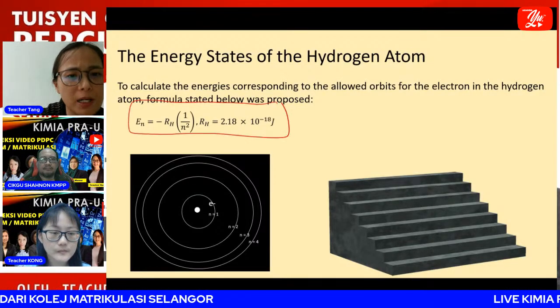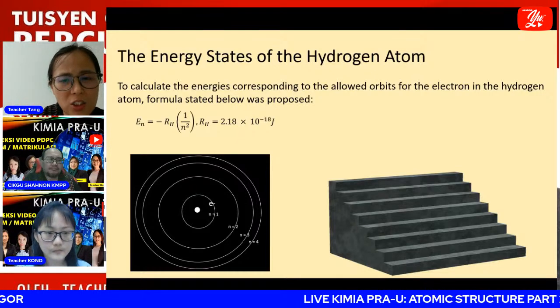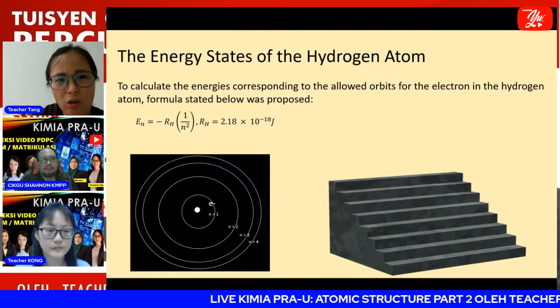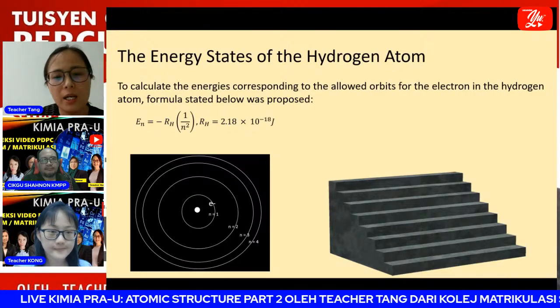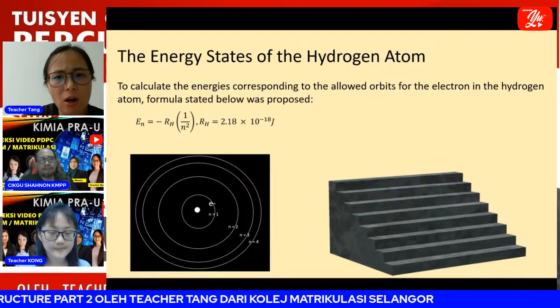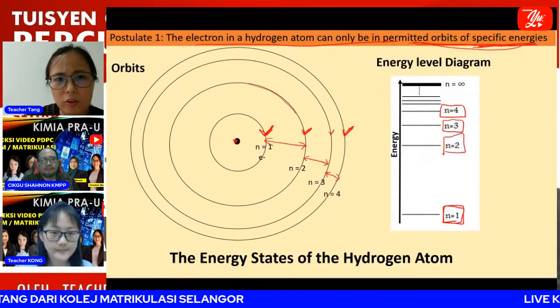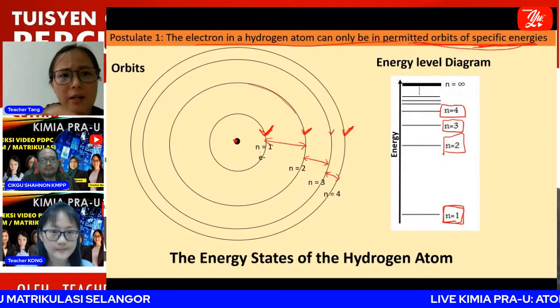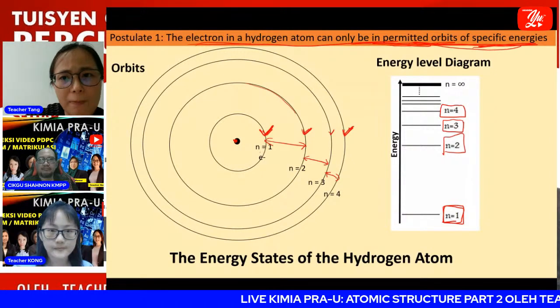This is the formula Bohr used to calculate the energy of an electron at a particular orbit. So, first postulate: the electron can only be at a permitted orbit.